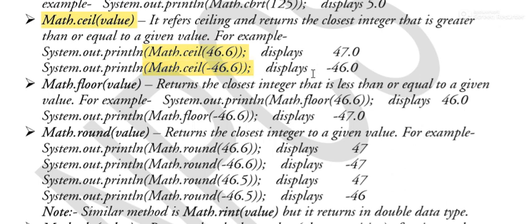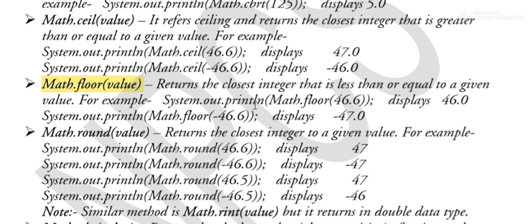In each result there is a .0 because the return type of all these methods is double, so .0 is already included in these results. The floor method gives us the nearest or just previous integer for the given value.